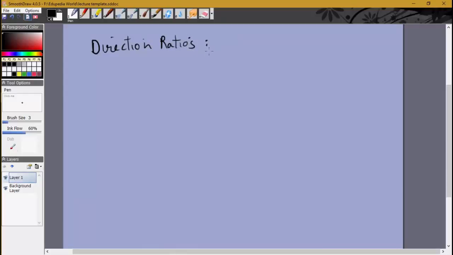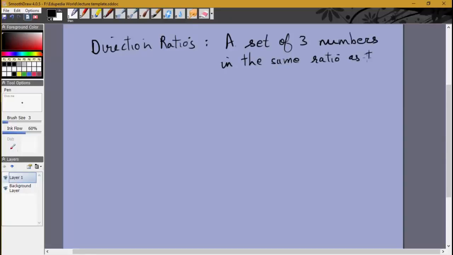Direction ratios are nothing but a set of three numbers in the same ratio as the direction cosines.